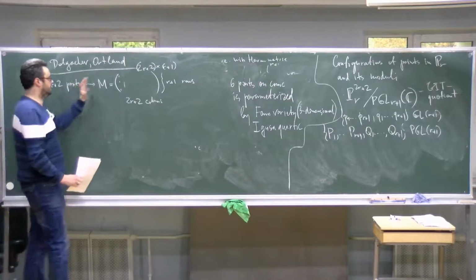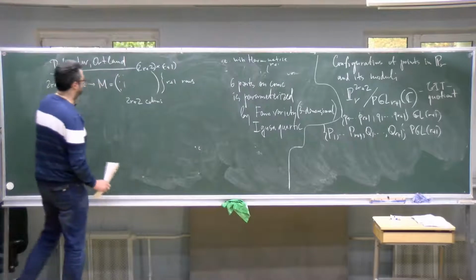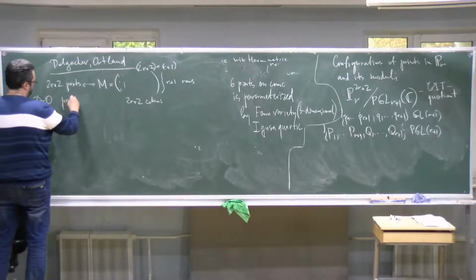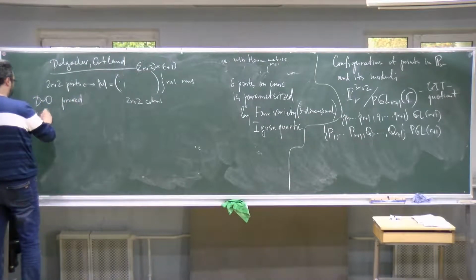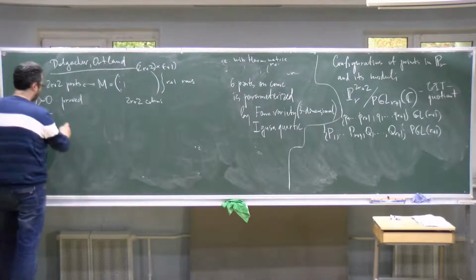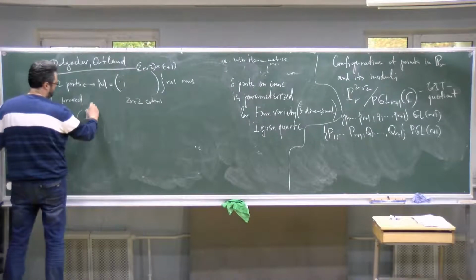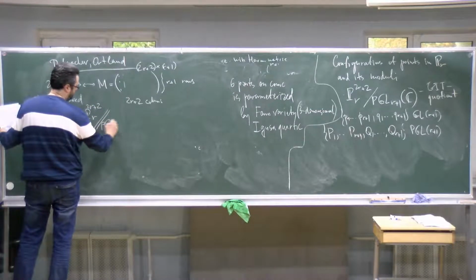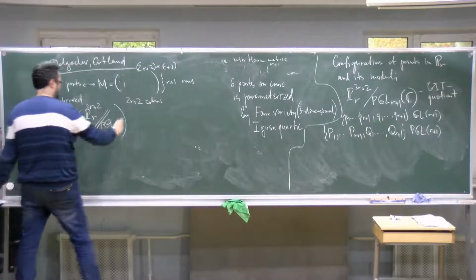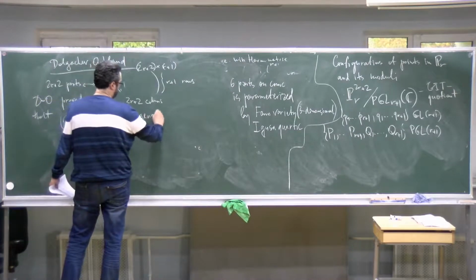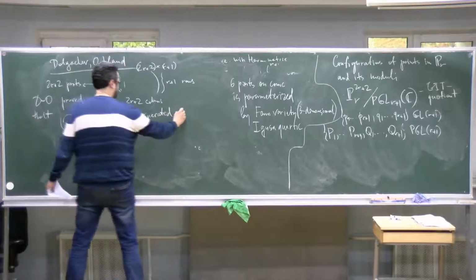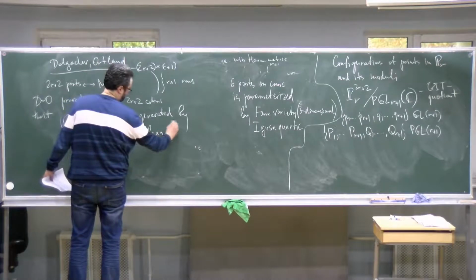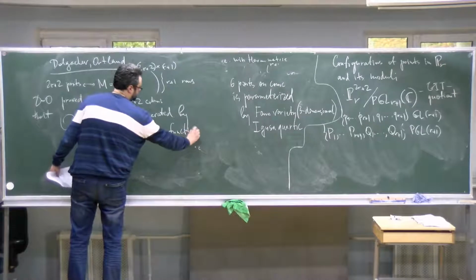So we consider this object, and Dolgachev and Ortland prove that the coordinate ring of this variety is generated by so-called tableau functions.